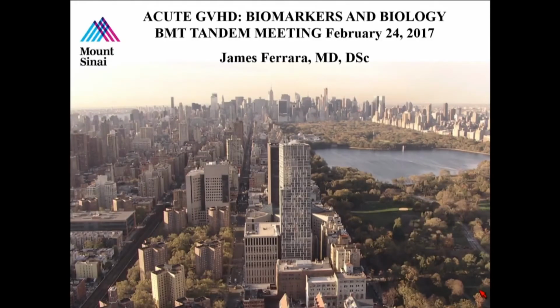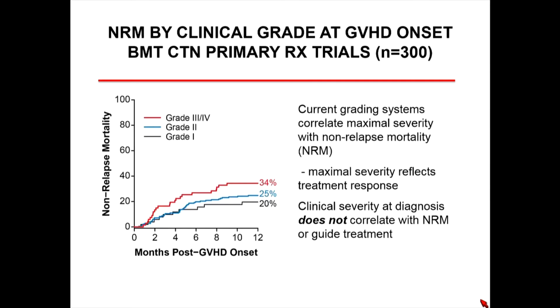Okay, so I'd like to finish by sharing with you both clinical and experimental data regarding, first, the role of biomarkers in predicting GVHD outcomes, and then what some of those biomarkers are teaching us about the biology.